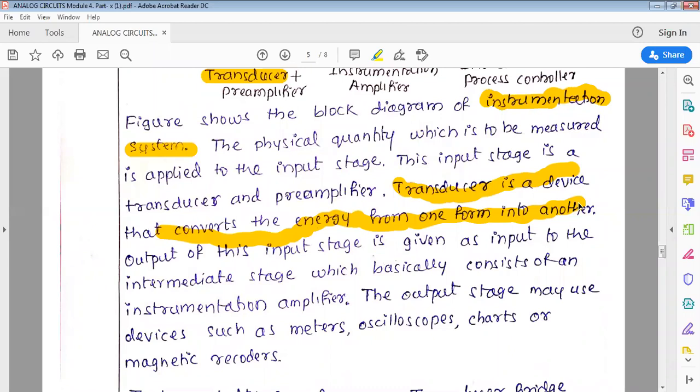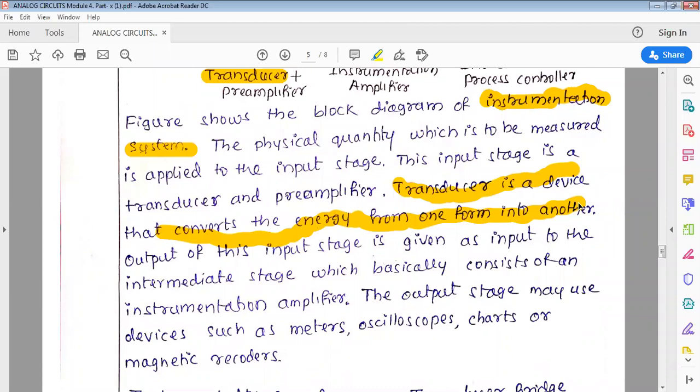What is the job of the microphone? It will be converting the human voice signals into electrical signals. So the human voice signals that were in one form were converted into electrical signals, that is another form. So one example of a transducer is a microphone. Another example can be a speaker. What is the function of a speaker?